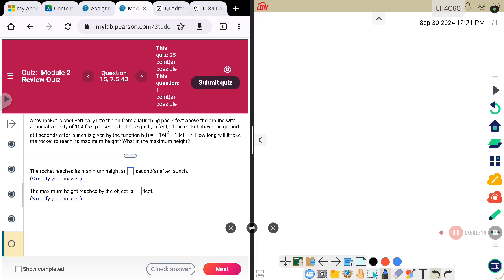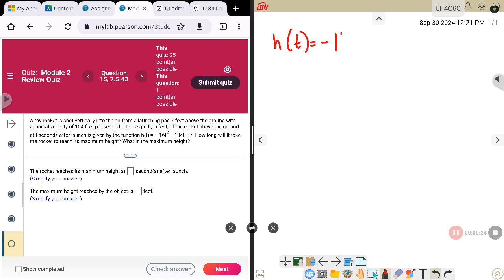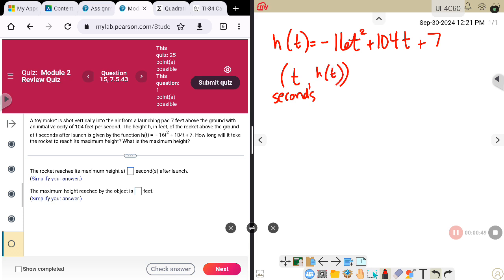Then it gives me the function h of t equals negative 16t squared plus 104t plus 7, where t is the number of seconds that it takes the rocket to reach its maximum height, and h of t will be the actual maximum height that the rocket reaches.